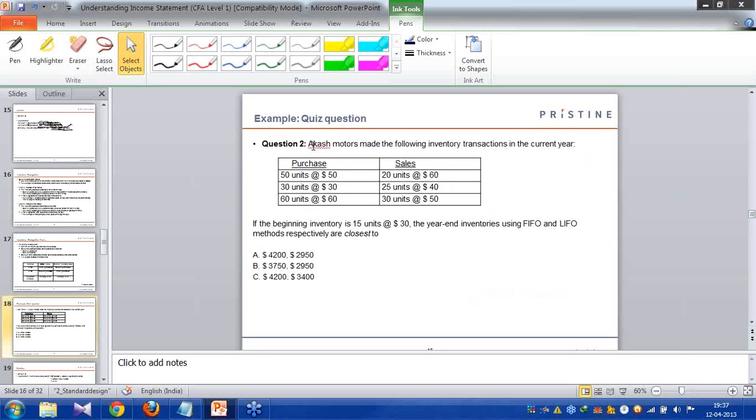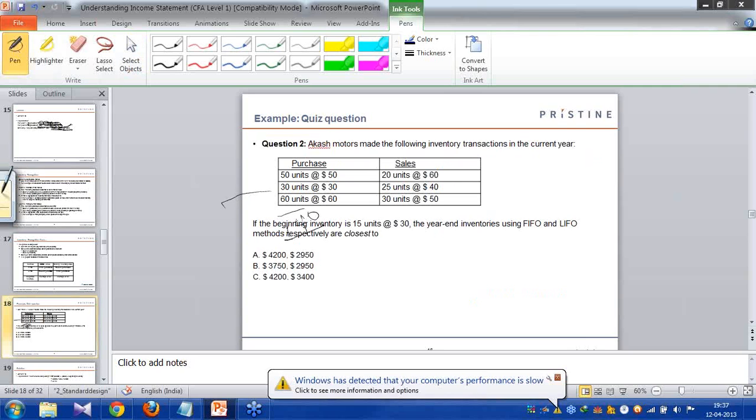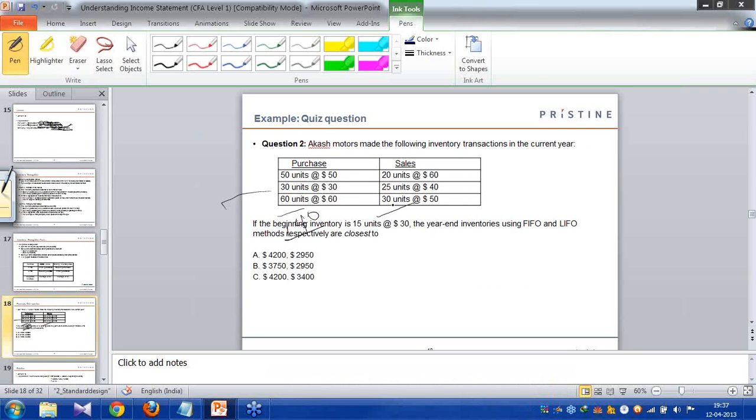Total we have 140 units purchased. And the items sold are 20 plus 25 plus 30, which is 75. So the remaining 65 items are your ending inventory.